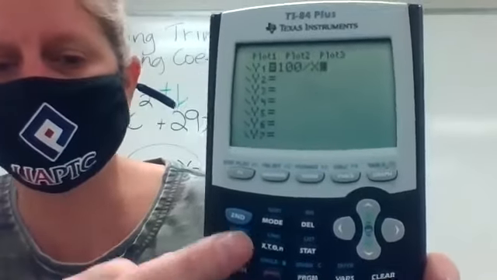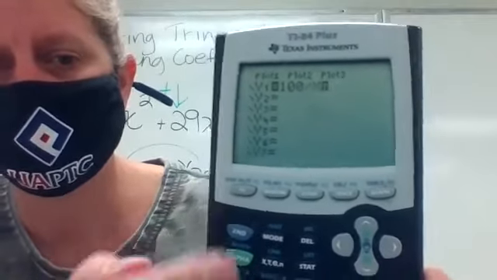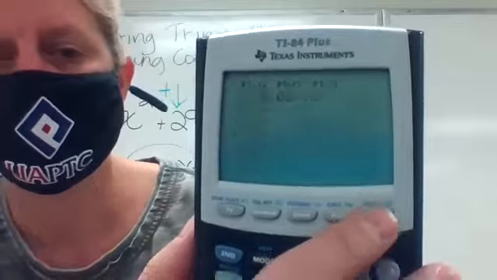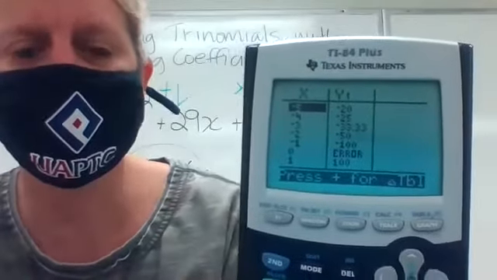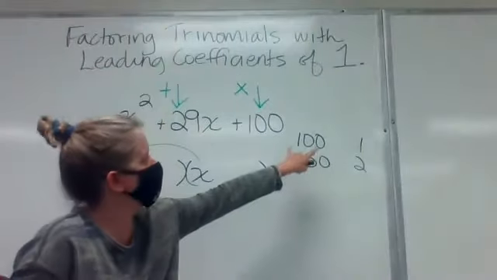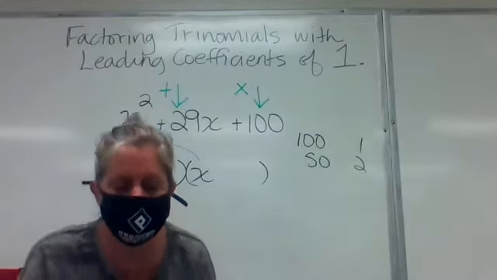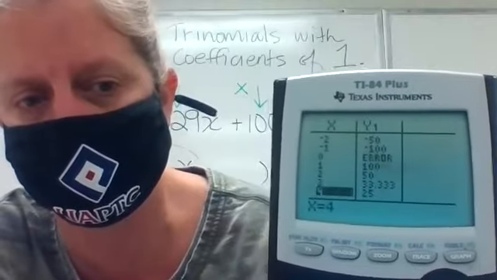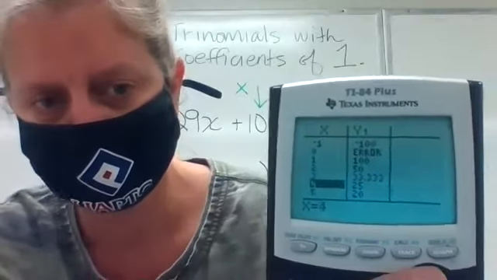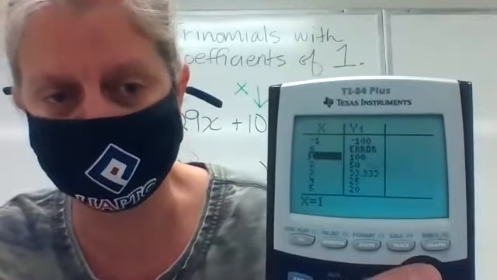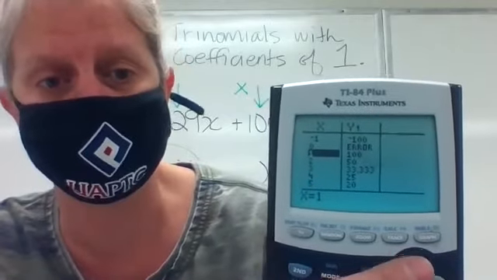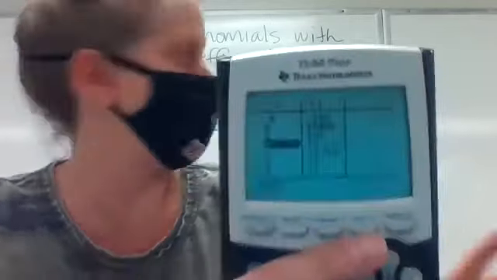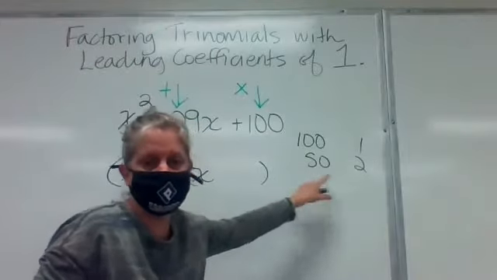Now, if you hit the second button, and then hit that table button, what is it doing? It's making this list for you. It's listing out all the ways to multiply to equal 100. Right? There's my first pair that I had, 1 times 100. There's my second pair that I had, 2 times 50.